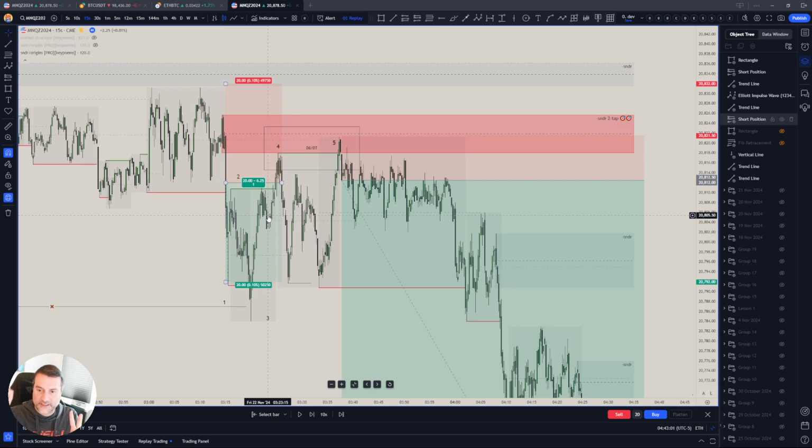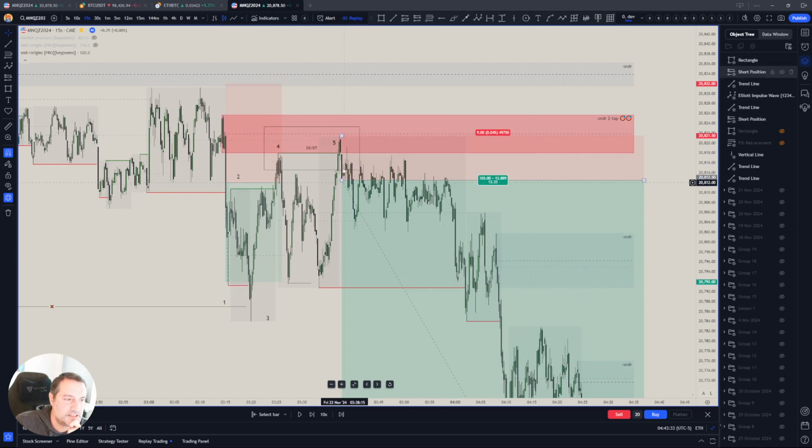Or 2 for a fractal structure that has 5 candles, with the high or the low in the middle, or 7 candles and so on. By default I set it to 3. It gives a little more room for SNDRs, but in this case it picks up too much price. So set it to 1, and you get a tighter and more compact SNDR zone, and you can still see we came and did a double tap precisely. You could have entered here or waited for 4 AM for this break and then gone.